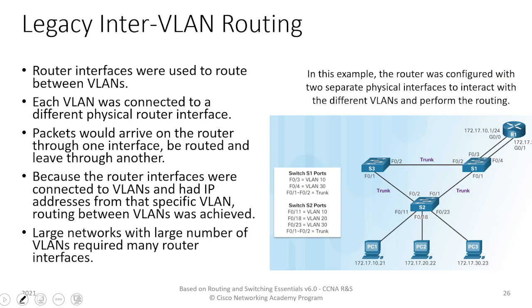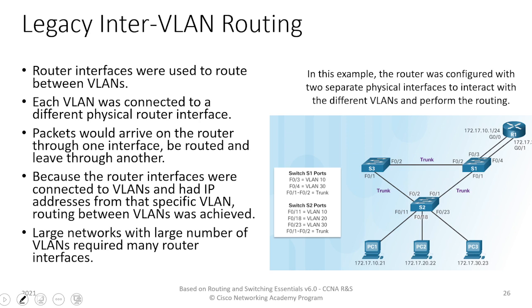Legacy inter-VLAN routing is essentially when we have a router and a switch that connects to the router. Within our switch network, we will set up all the trunks and everything, and they are all able to carry VLAN traffic accordingly. But the switch that connects to the router will have separate physical interfaces for each VLAN.